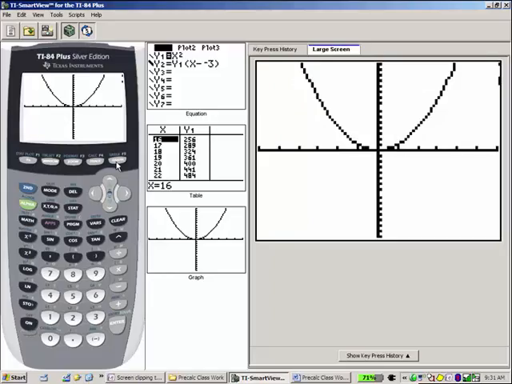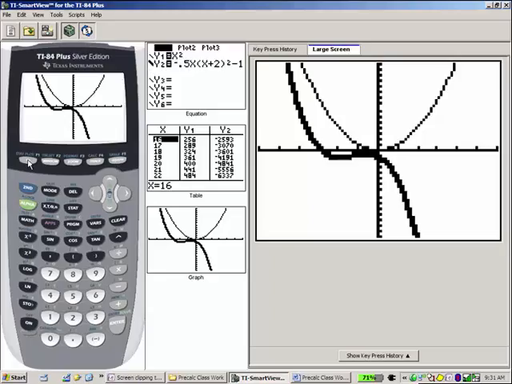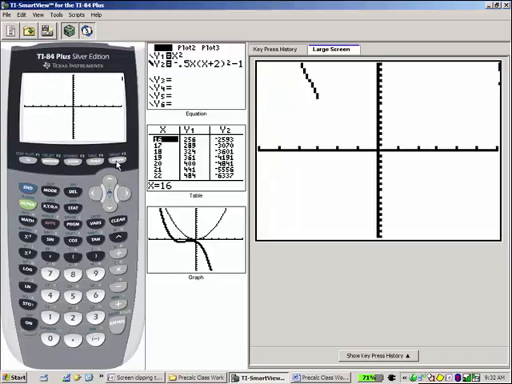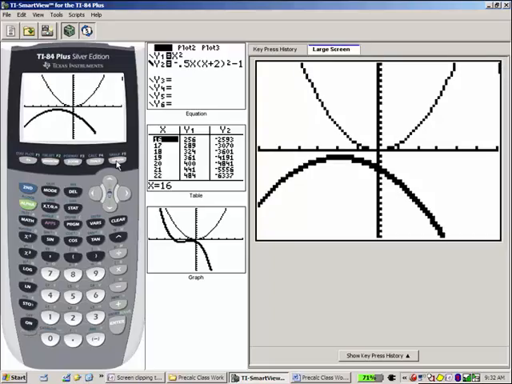So there's the original. Whoops. What did I do wrong? Yeah, I have an extra x in there, right? Let's get rid of that. So there's the original function, and there's that function. I think what I'd like to do is just trace.